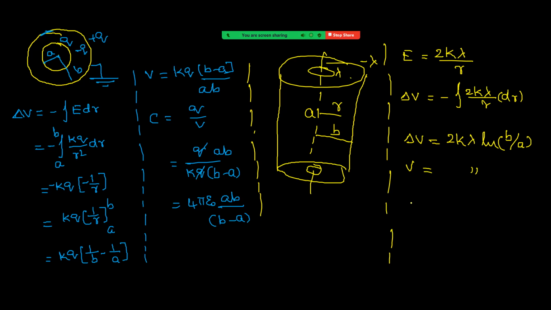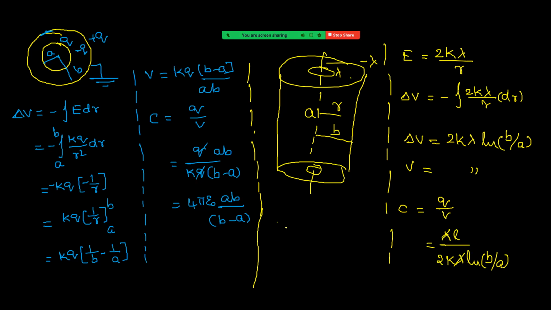Now capacitance equal to Q by V. Q means how much? It is lambda into L, right? Charge is lambda into L upon the V value, 2k lambda ln B by A. Lambda gets cancelled.